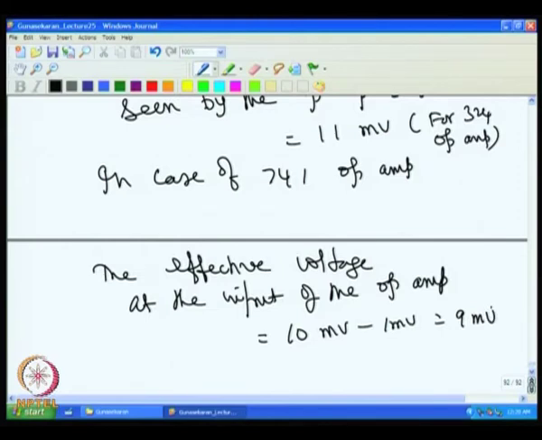So, one has to be aware of this difference when you are using an op amp, whether NPN type or PNP type, in calculating the error.